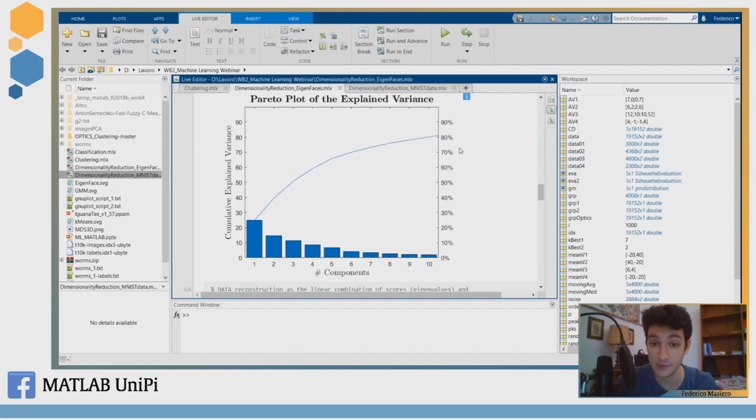This is a Pareto plot. A Pareto plot can be used to visualize the cumulative explained variance of each of the components.